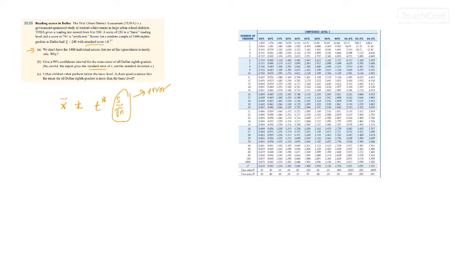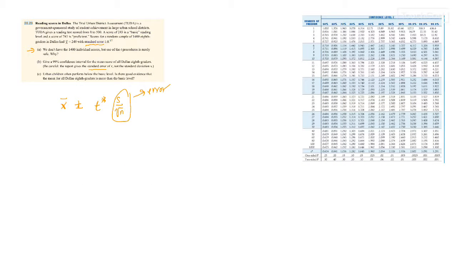To do that, we need our T chart, or T statistic chart, and we need to know the degrees of freedom. The degrees of freedom, or DF, is equal to the sample size minus 1. In our case, our sample size is 1,400 minus 1, which is 1,399.